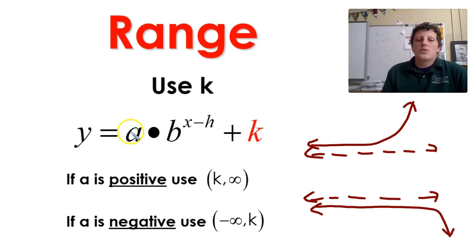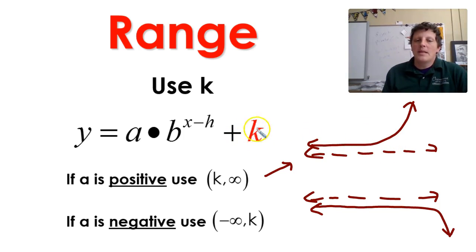And your clue there is just to look at the leading coefficient at the very front of the function. If a, which is the number in front of the base, not the base, is a positive value, then you're going to have a situation where it is above the asymptote, and you would say asymptote up to infinity.